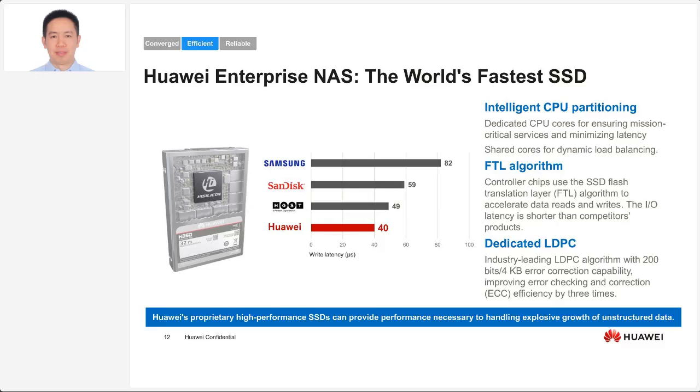And it also comes with the dedicated LDPC, which means the industry-leading LDPC algorithm with 200 bits per 4 KB error correction capacity, improving error checking and correction efficiency by 3 times.